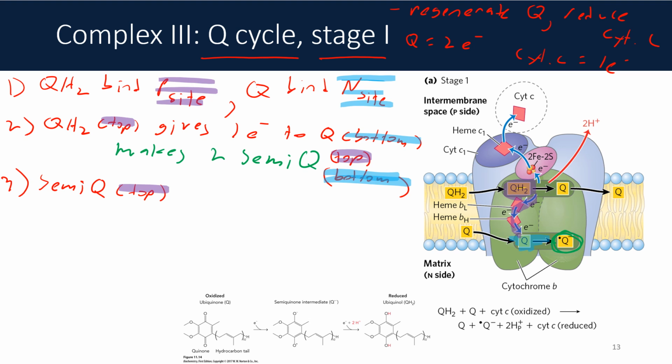That top semiquinone is going to transfer another electron. It will give its second electron to cytochrome C. And that I can highlight in yellow.